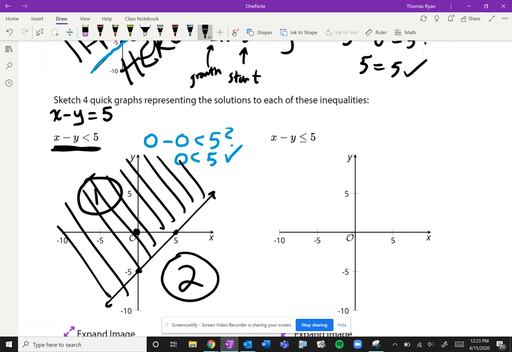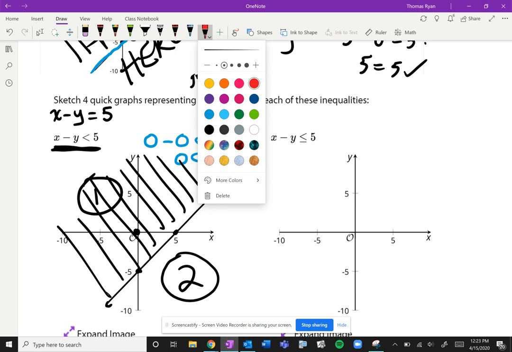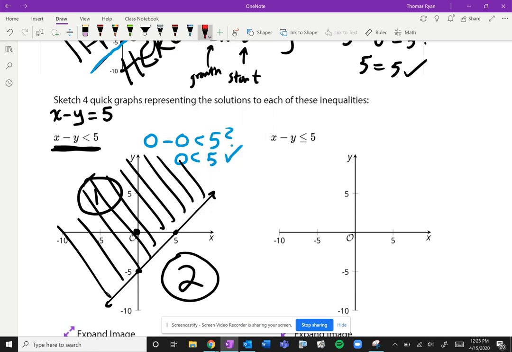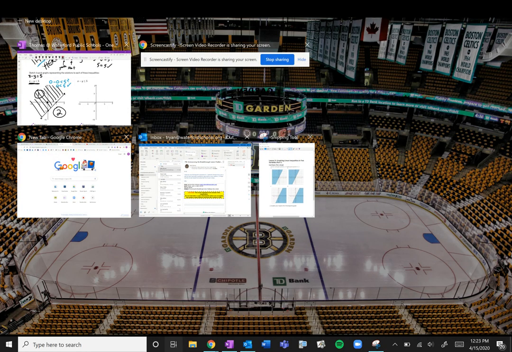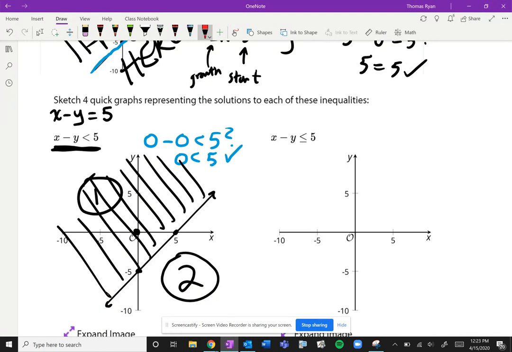It's all being shaded. Look what I did here, I messed that up. It's all being shaded. But watch. We're going to prove that area 2 doesn't exist. Okay, look. Let's pick a point like this, negative 10. So 0 comma negative 10. So we're going to test it. x is 0 minus y is less than 5.